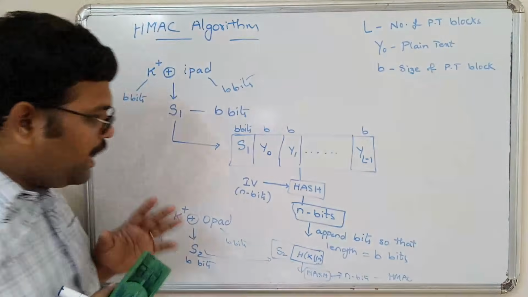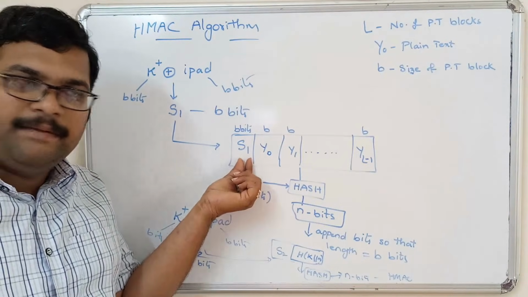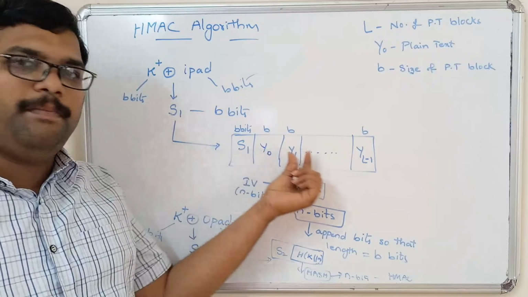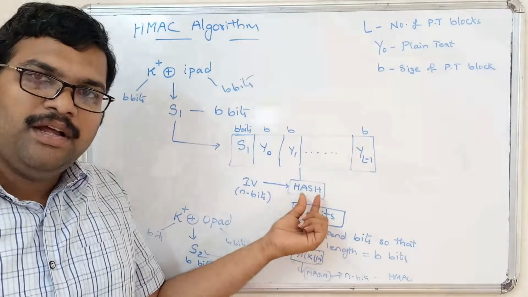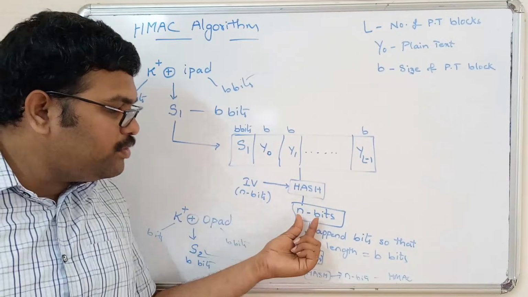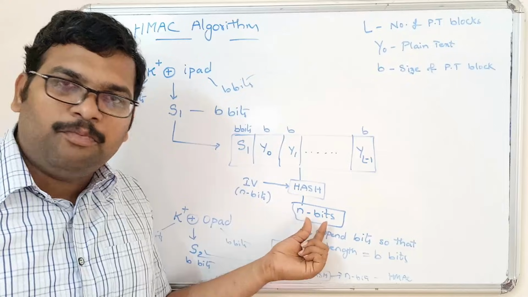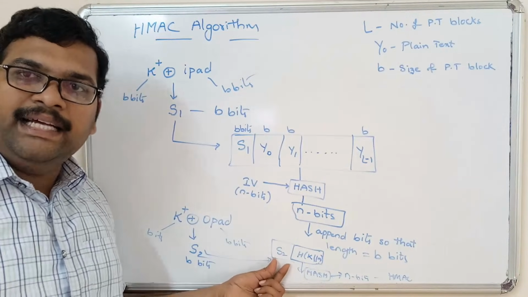So here, first we are generating the B bits and appending those B bits to the plain text message, and then we are applying the hash function with the input of the initialization vector of n bits, so that it produces again a fixed length output, which is n bits, and it is again appended to the S2.